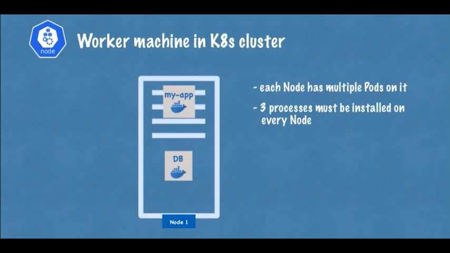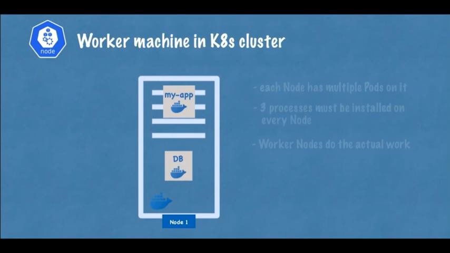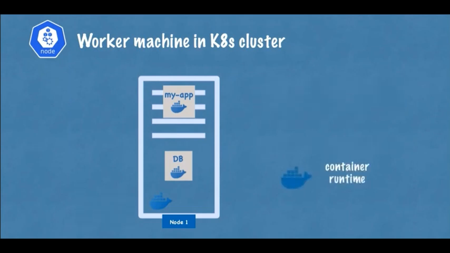Nodes are the cluster servers that actually do the work, which is why they are also called worker nodes. The first process that needs to run on every node is the container runtime, in my example Docker, though sometimes it is another technology. Because application pods have containers running inside, a container runtime needs to be installed on every node.